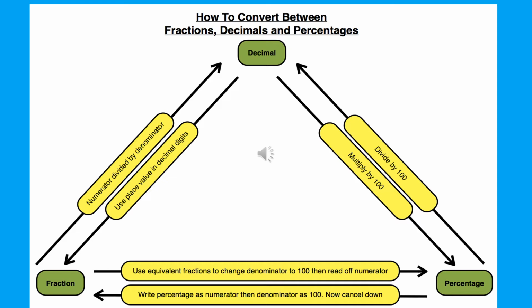Sometimes this isn't possible to do. Like, for example, 1/8. From changing that into a percentage, 8 doesn't go into 100, so it makes it a bit more difficult. The easiest thing to do would be change it to a decimal and then change it to a percentage. So if you don't have a copy of this somewhere, please copy it all down.